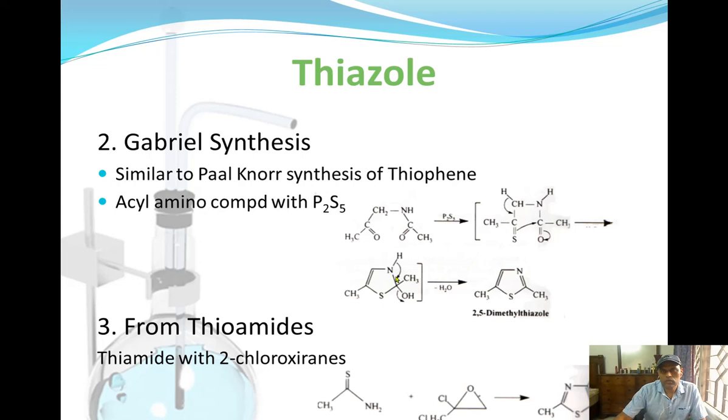As you can see with the arrow marks, this double bond of thiazole is going to come from the hydrogen from this carbon, and one more double bond is going to come from the hydrogen that is attached to the nitrogen here.